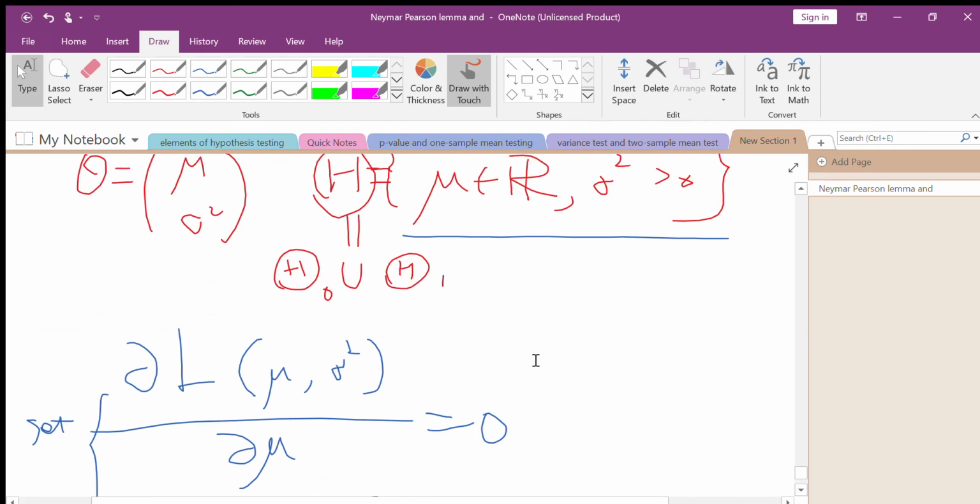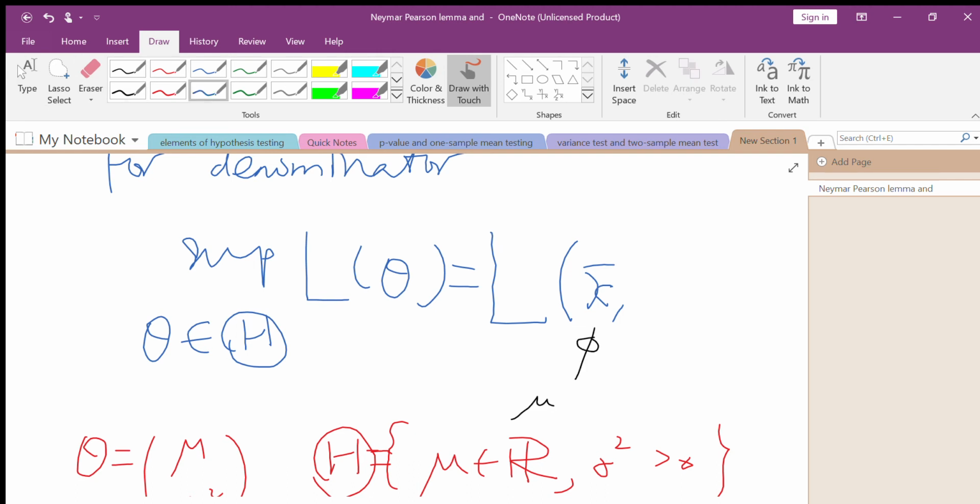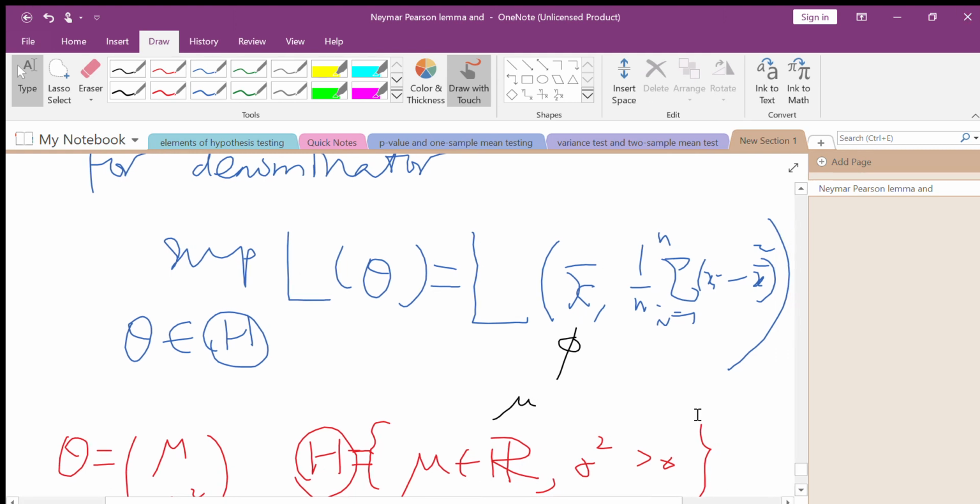Which means the supremum of this likelihood function on the whole parameter space is the likelihood function evaluated at x bar for mu, and 1 over n, sum of (x_i minus x bar) squared for sigma squared.